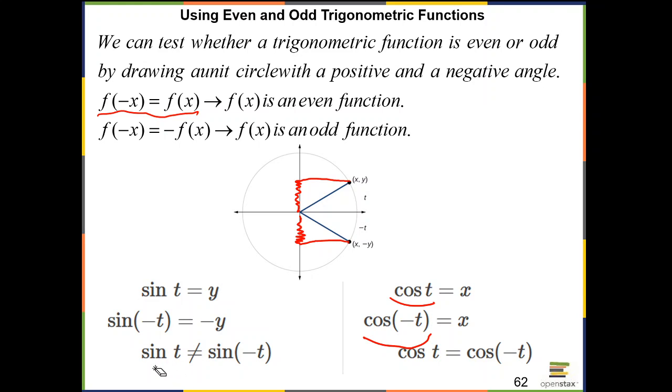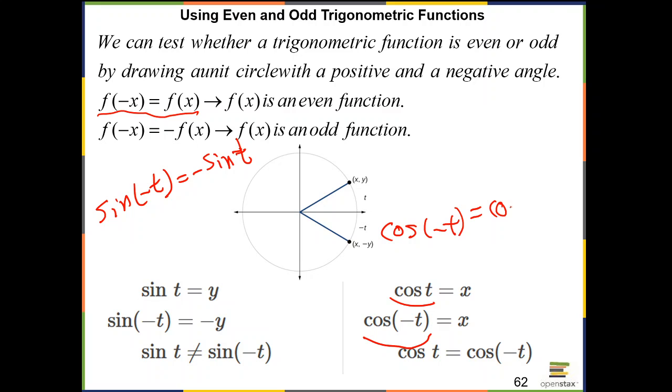So that means sine is an odd function, right? So sine of negative t is actually negative sine t, right? And cosine of negative t is the same as cosine of t.